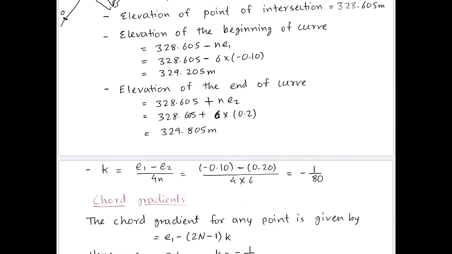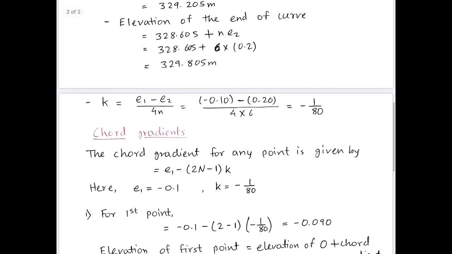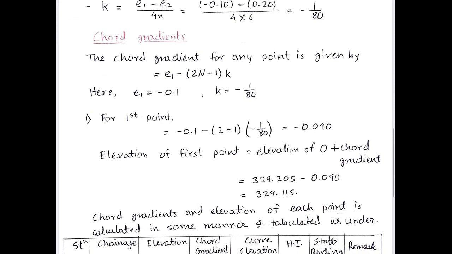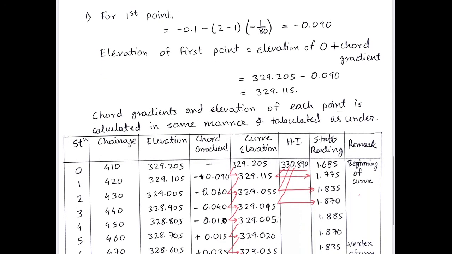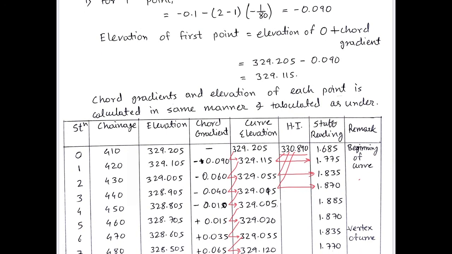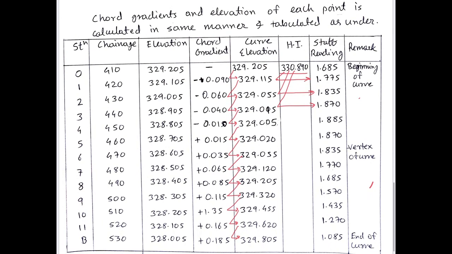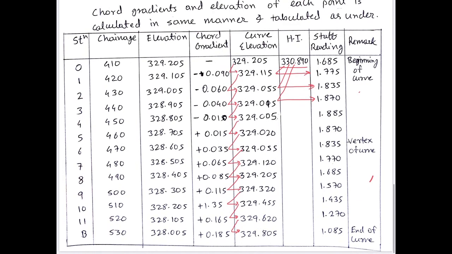Then we find K, that is E1 minus E2 by 4n, and then we find chord gradients by using the formula E1 minus (2n minus 1) into K. And then the elevation of the curve can be found by adding the chord gradient. And lastly, we find staff reading by subtracting curve elevation from HI. Thank you.